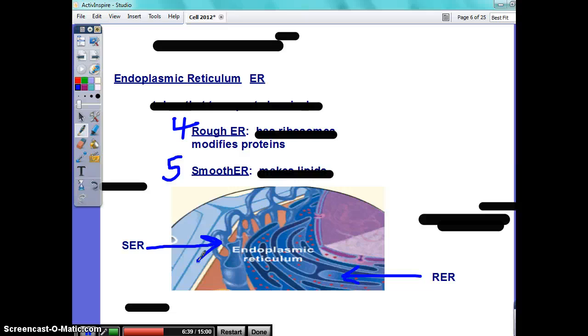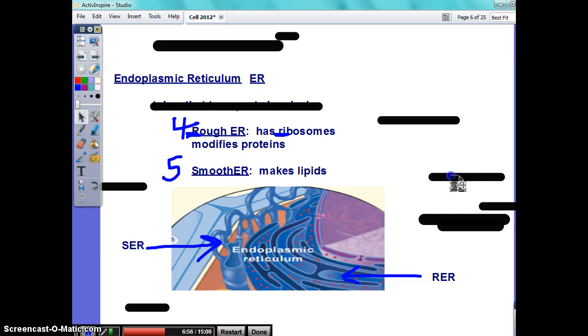Good. The rough ER is made up of ribosomes, and that's where the R name comes from. Rough ER, R for ribosomes. It modifies proteins, and the smooth ER actually deals with lipids, but what do they both do? What's their function?